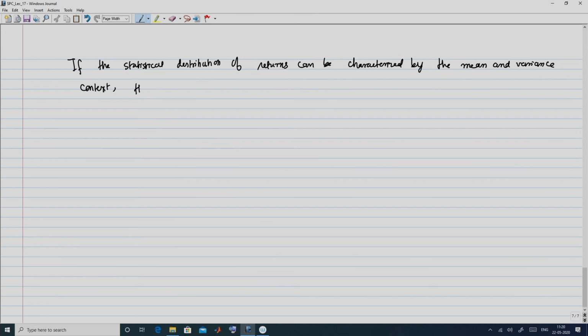Then Roy's safety first criterion can be analyzed in the paradigm of the mean variance framework.